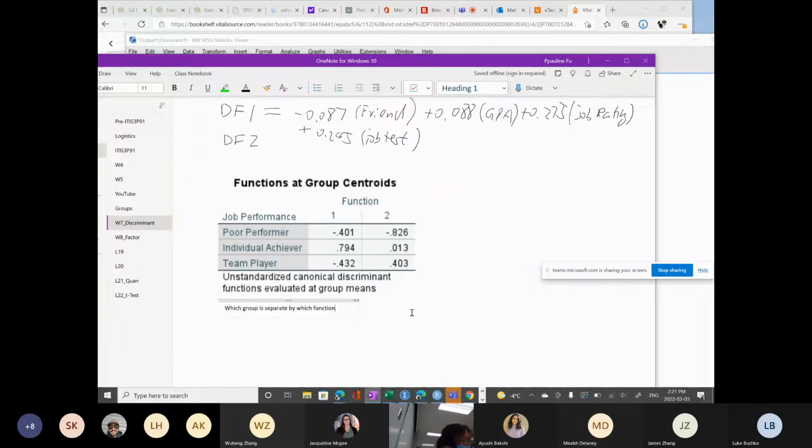For example, individual achiever is separated by function 1 because it has the biggest value for function 1 here. I'll try to make the font bigger.